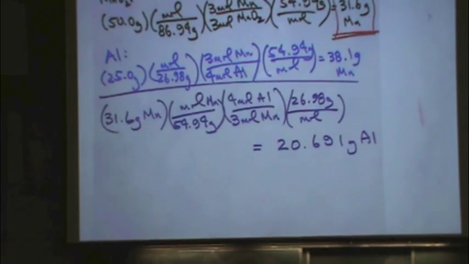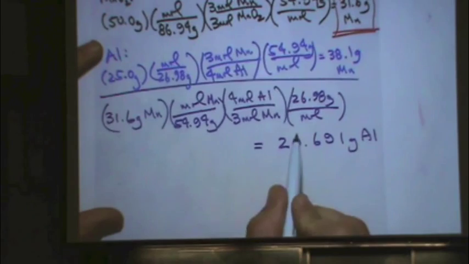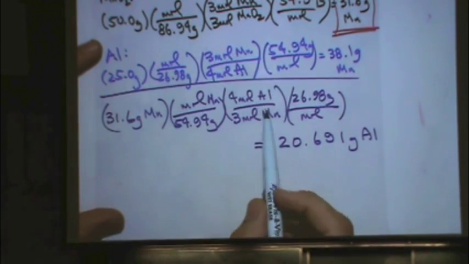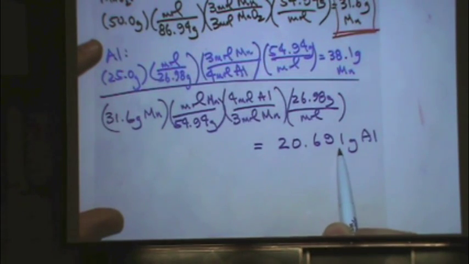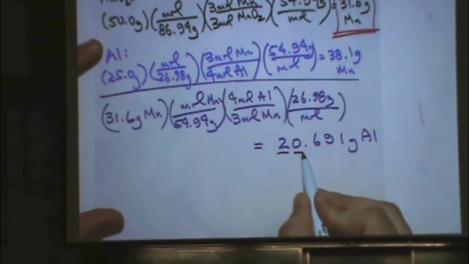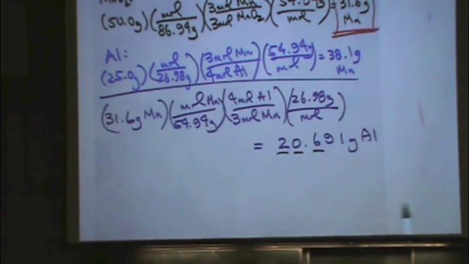All right, here's the annoying part. Sig figs. How many sig figs does this have right now? Well, I mean, that's how many digits it has, but how many sig figs should it have based on the calculation? 3. So let me underline those. Okay. Those are the actual sig figs. I know I wrote more digits.